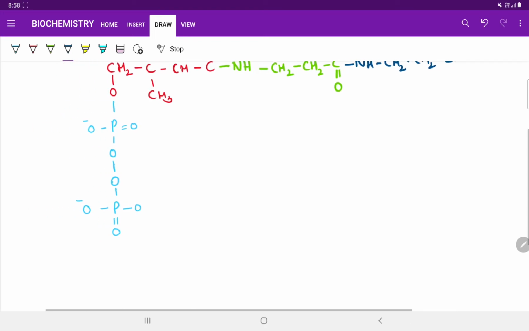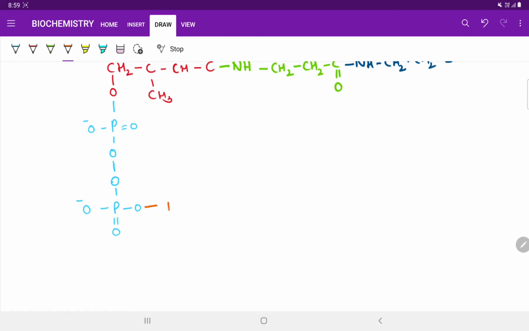Now after the addition of this pyrophosphate, an AMP molecule is added and a phosphate, resulting in the formation of coenzyme A. I will simply write here the names of the molecules, otherwise the structure will be too long for you to remember.